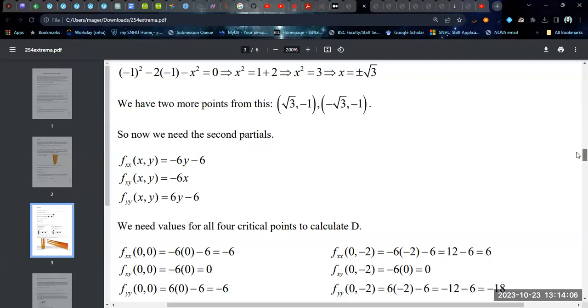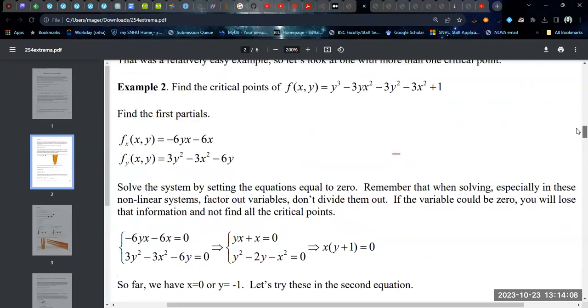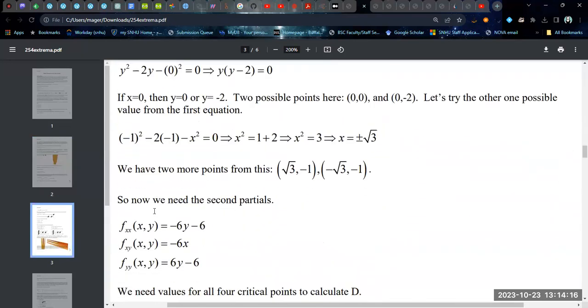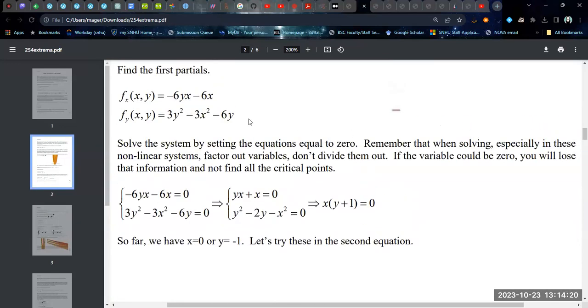So I need to take my second derivative for x. If I go back up here, take the derivative for x again, I'm going to get negative 6y minus 6, which I got here. If I take the derivative for x for this expression, or for y for this expression, I'm just going to get negative 6x.